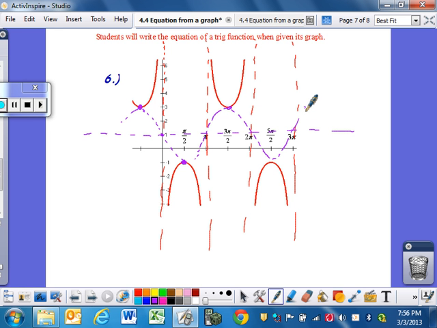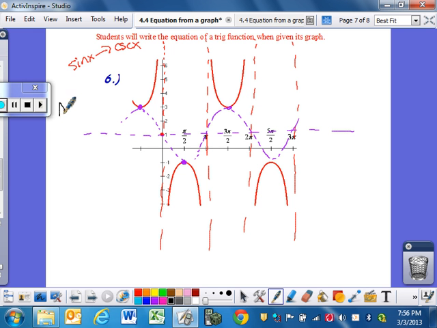If I don't want to shift any, because shifting can get quite tricky for this thing, I'm going to notice that this thing actually does hit at the y-axis. So I would say that this deals with sine x, which means that we need to write a cosecant x equation for it. The problem is sine usually starts at 0 and goes up, but this time it's actually going down. So how do I deal with that?